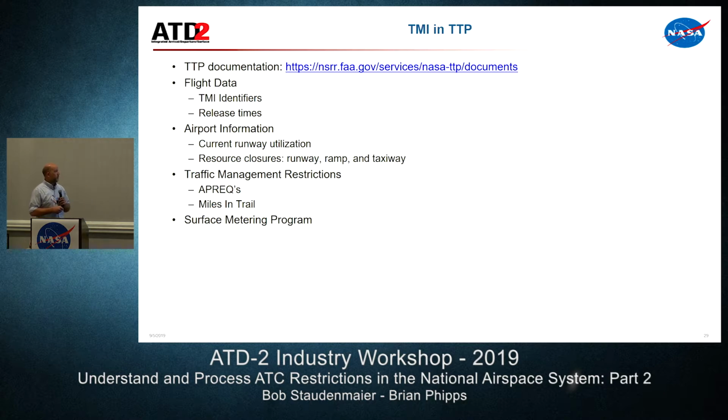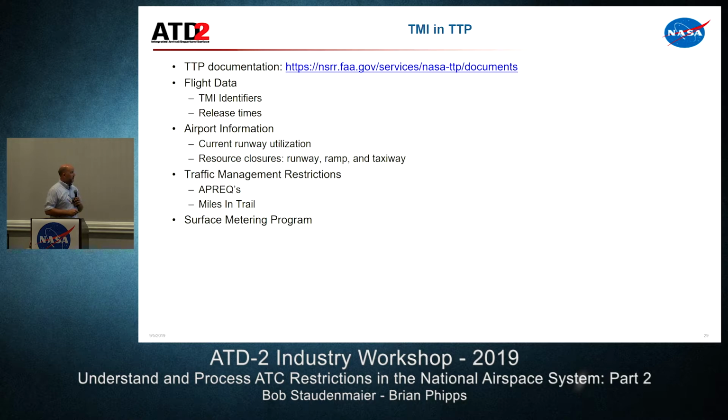Right now, the only availability we have is to send APRECs and miles in trail. Although just recently before the Industry Days presentation, we did get an updated schema that supposedly supports departure fix closures. So that will be a new field that hopefully should be added in the next few weeks as we work our way through the schema changes that were presented there.